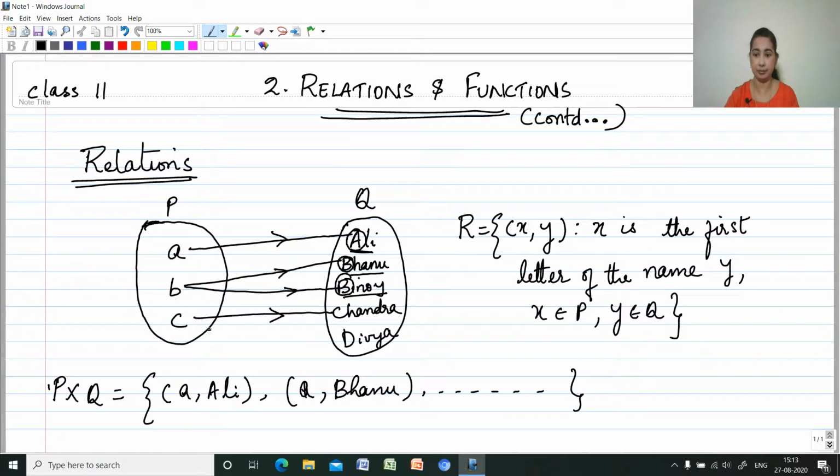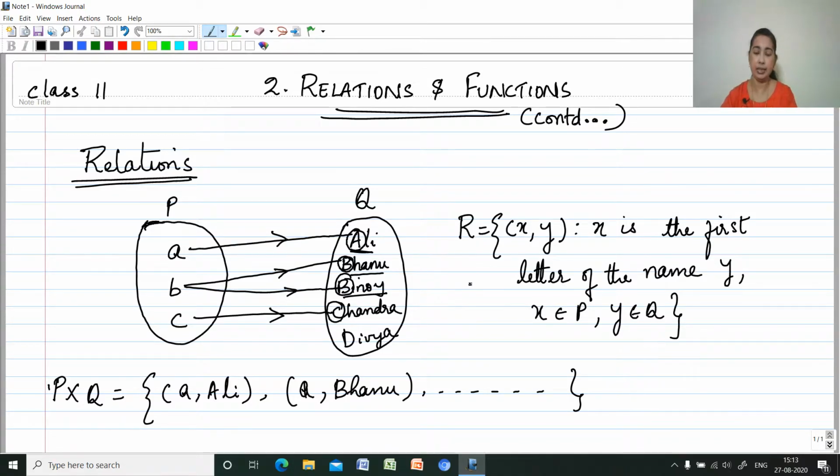Then C. x is the first letter of the name y. So C is the first letter of the name Chandra, so C is mapped to Chandra. And D, nobody, because no D's are available on this side. So Divya is all alone there.